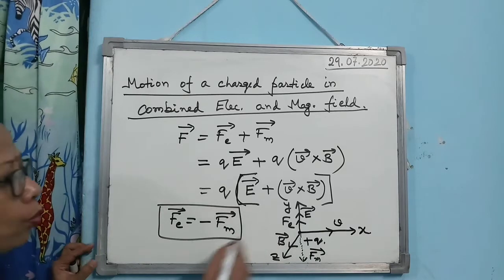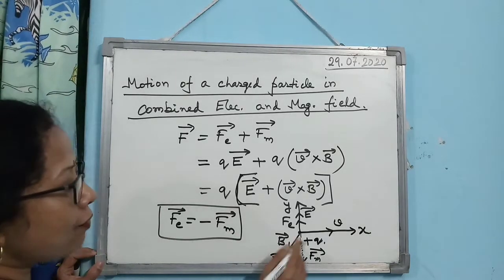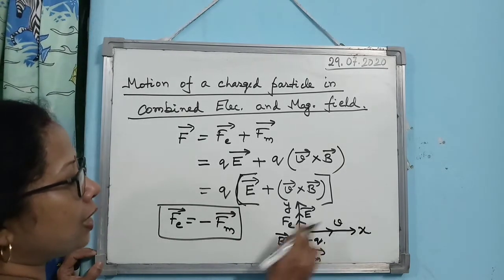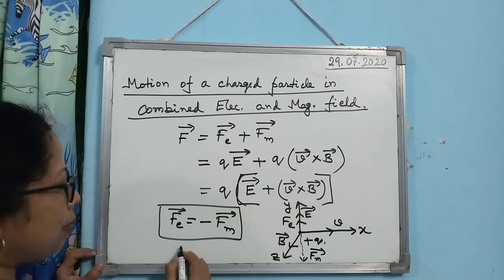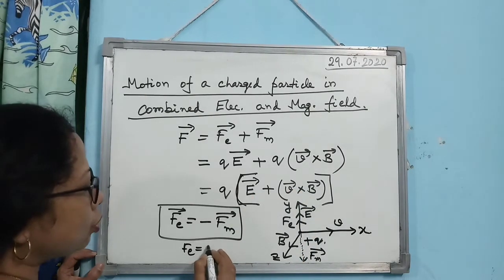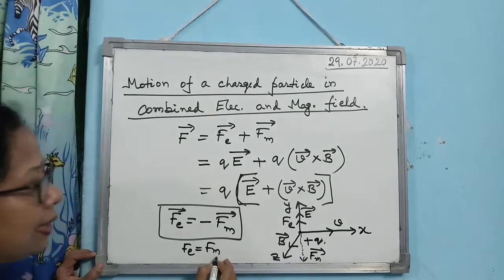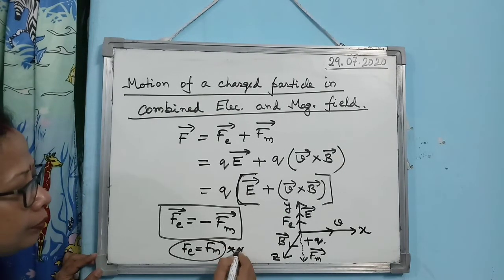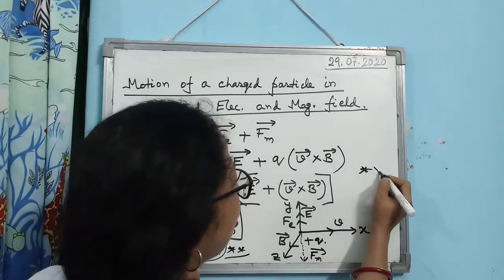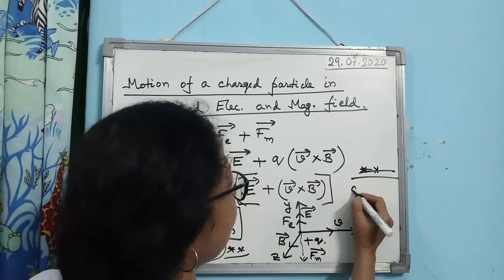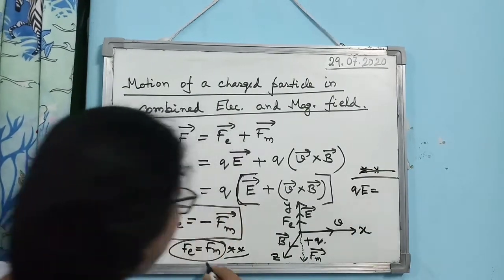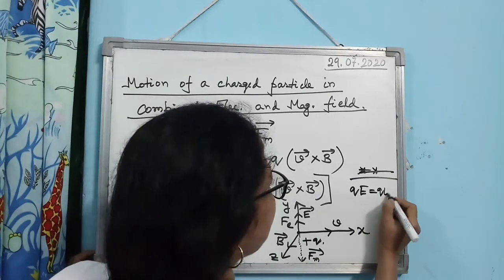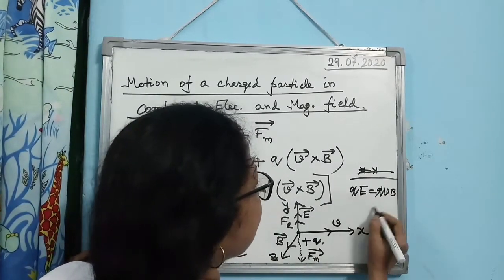Alright, now what you have done, you have adjusted the value of V, B, Q, E in such a manner that magnitude is also equal. Magnitude also equal means what is coming? Fe is QE and Fm is QVB. So Q and Q you can cancel.